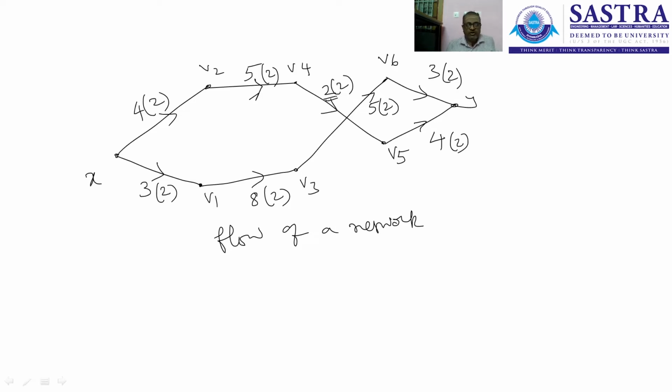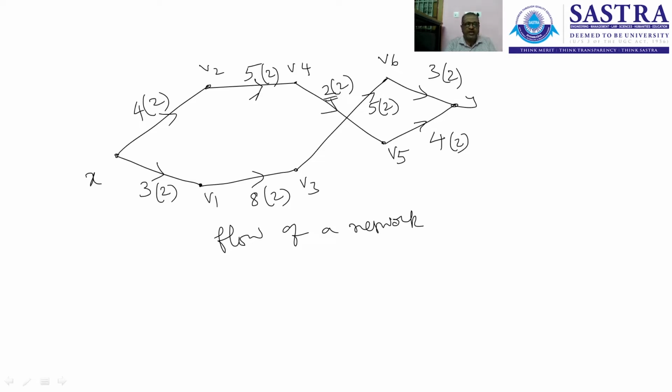And if you look at this, in every arc, the function f, which is defined on the edge set, is always less than or equal to the capacity which is given here. So the units of goods that I push is given within parentheses, which would represent a flow.